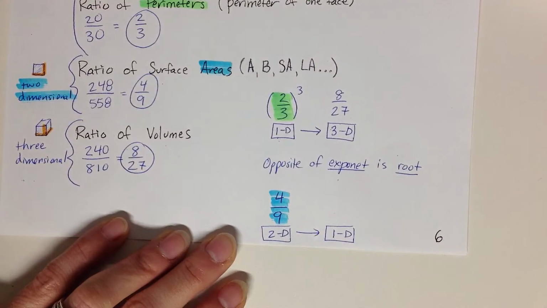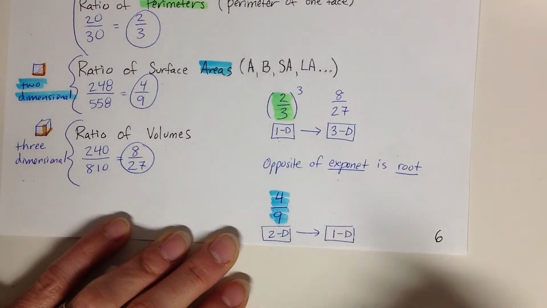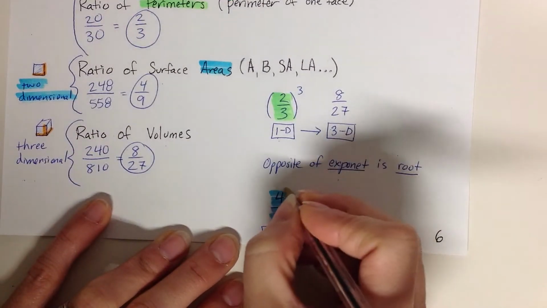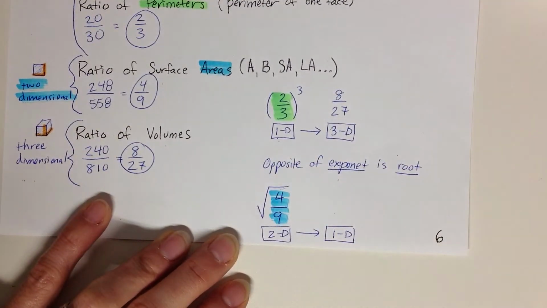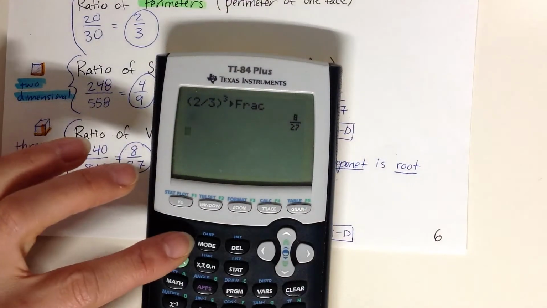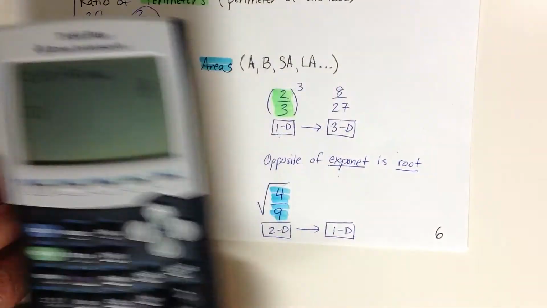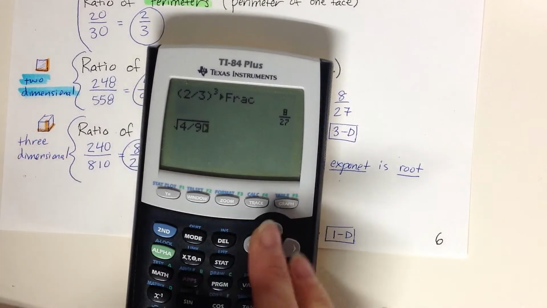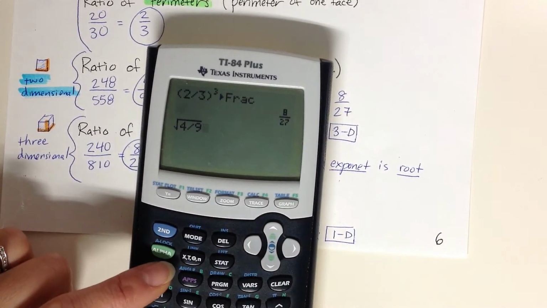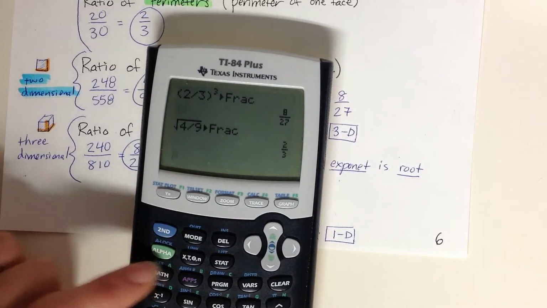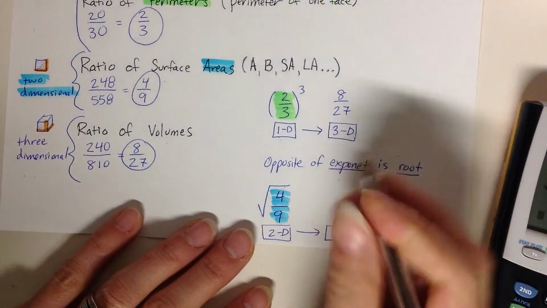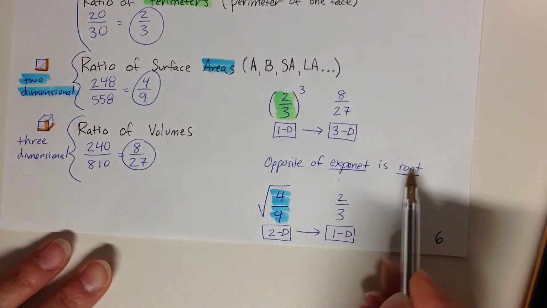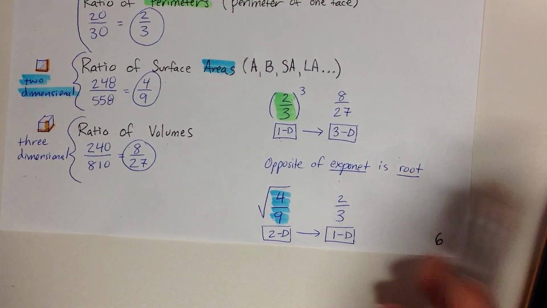How do I get back down to 1? Well, to get from 1 to 2, I'm going to square that. So the opposite is the root. So I'm going to square root. And because the square root opens that bar, you don't really need parentheses on this because the whole thing is underneath. Now I want to make that a fraction. So math, fraction, do 3. Okay, so that's a root is going to go down.